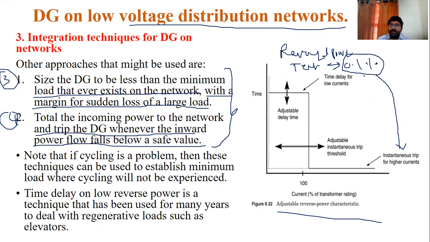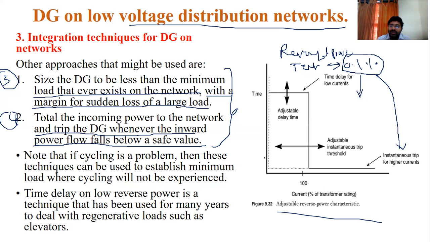But because of this sensitivity, the relay is operating every time there are small changes in the current levels in the system. That is not a feasible solution whenever you are adding DC to this low voltage network. So we are trying to decrease this sensitivity to some level.